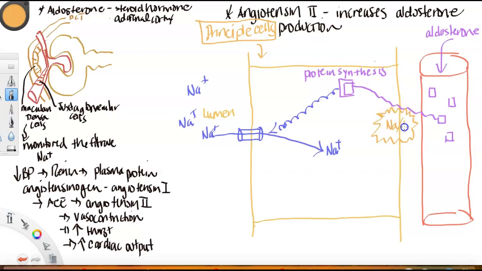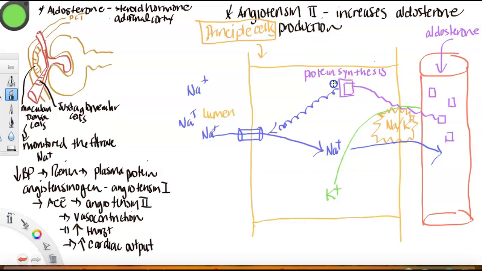So we have the sodium-potassium pump. So the sodium-potassium pump pumps the sodium out, which goes into the blood. And of course, it's going to bring in potassium. Okay, so now we have sodium going out. We've got potassium coming into the cell.